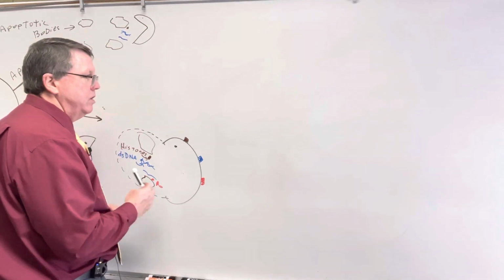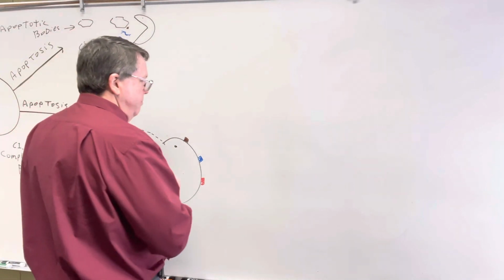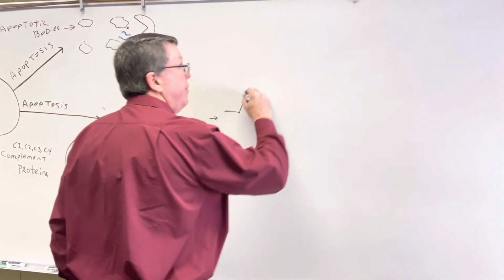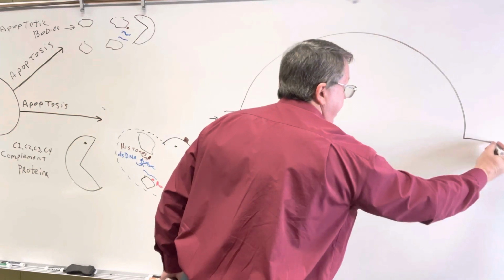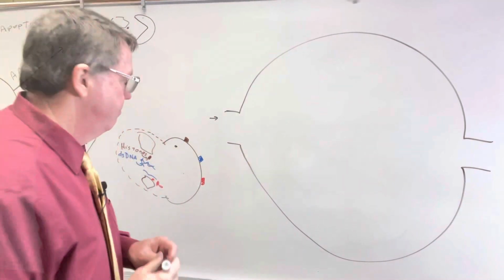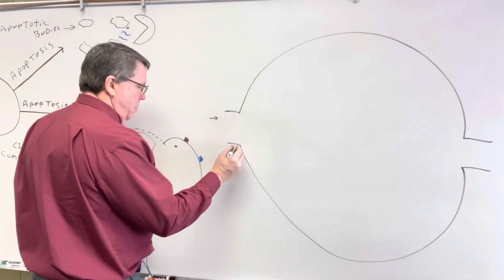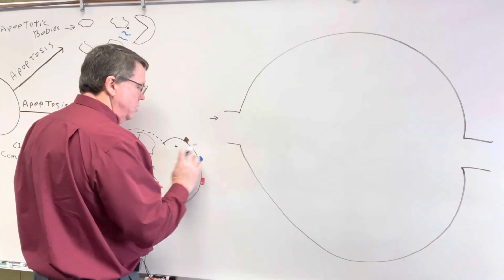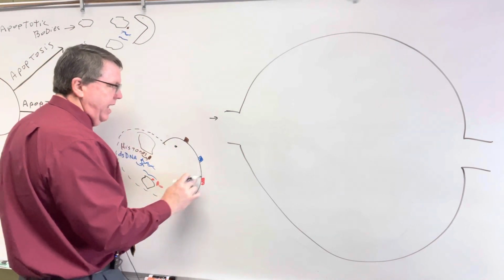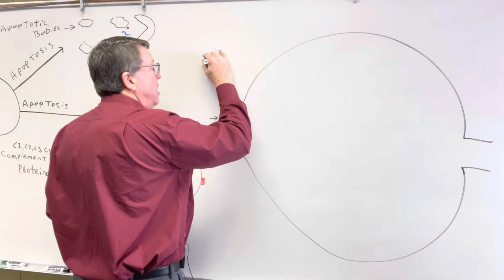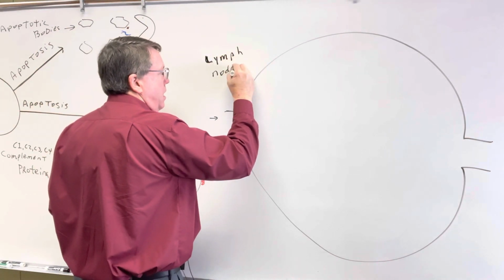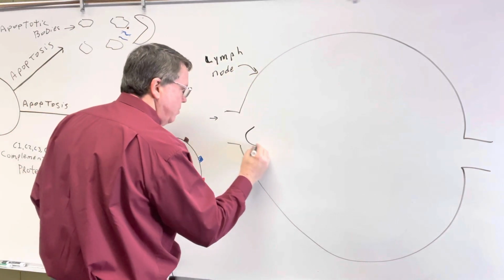So now what's going to happen is, let's say this is my lymph node. So now this macrophage, this antigen-presenting cell, because remember these are antigens, is going to enter into a lymph node. And then what's going to happen, so here it is, right?